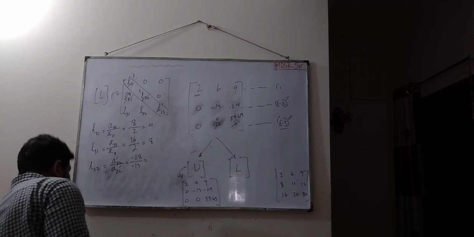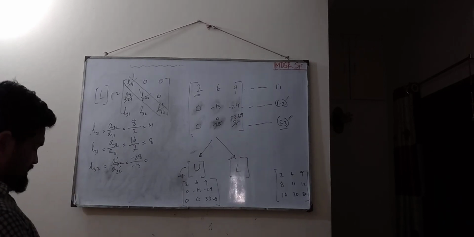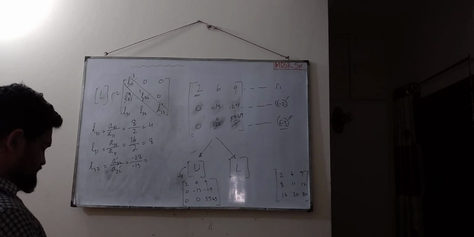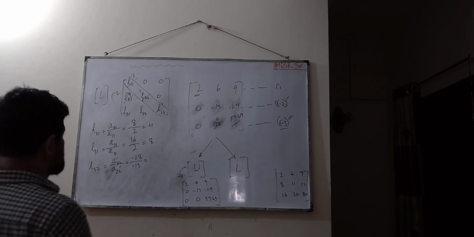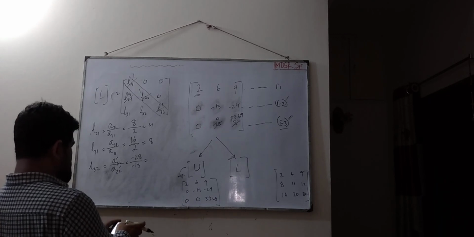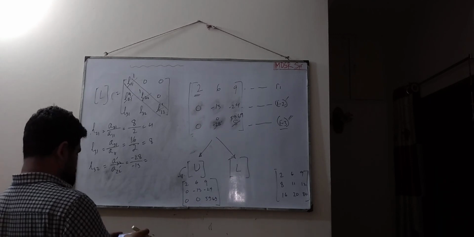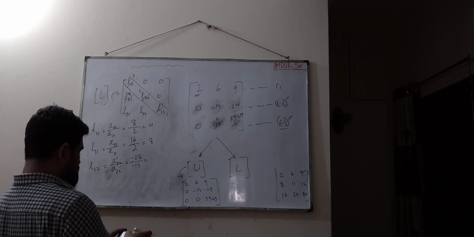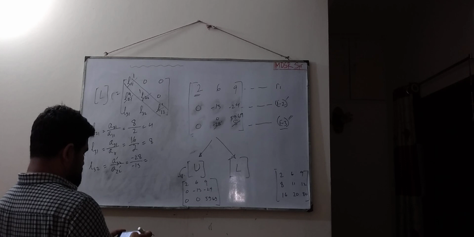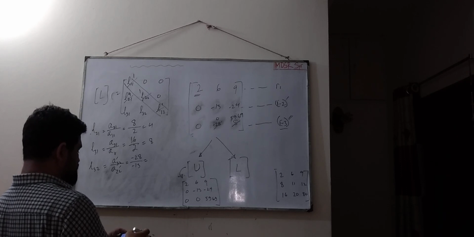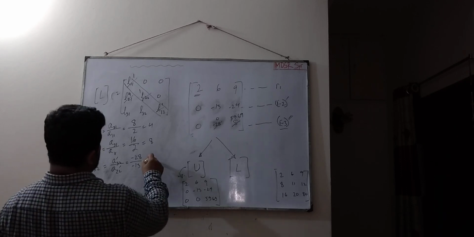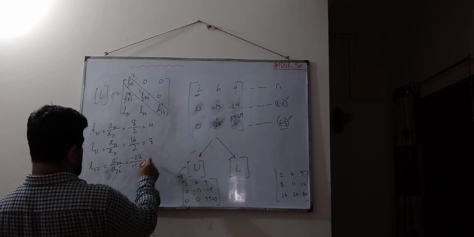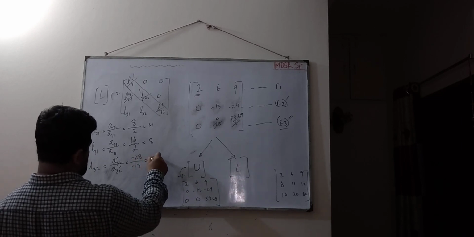If we perform this operation, 28 divided by 13 is 2.153, about 2.15. Minus minus becomes plus, so 2.15.